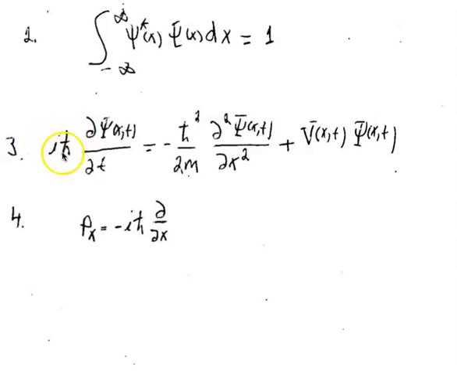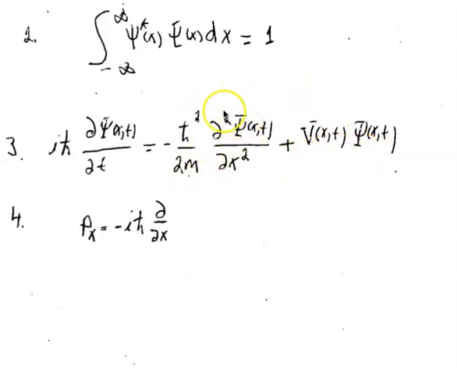So the product of i, h bar, and the partial of psi with respect to t, time, of the quantity x and t. So this wave function is a function of time t and a function of the coordinate variable x, is equal to, then this first term is going to be the kinetic energy term from classical mechanics, and this second term is going to be the potential energy term from classical mechanics.